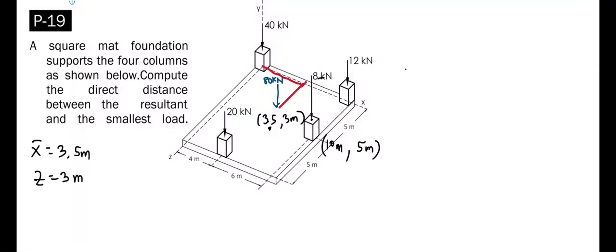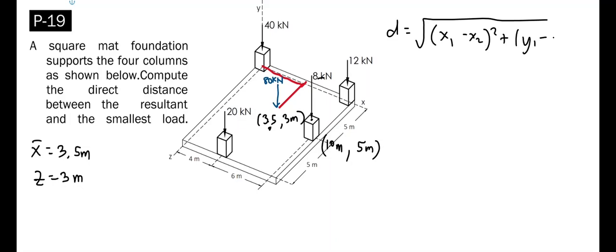Now we can use the distance formula to solve for the distance between the resultant and the 8 kilonewton force, that is D equal to the square root of (x1 minus x2) squared plus (y1 minus y2) squared. So for x1, which is here, and this is our y1, and this is our x2 and our y2, we can plug in the values directly into our equation.